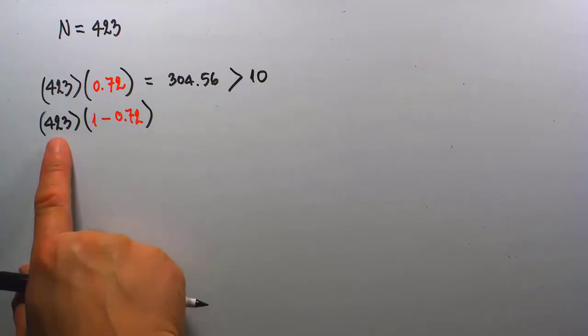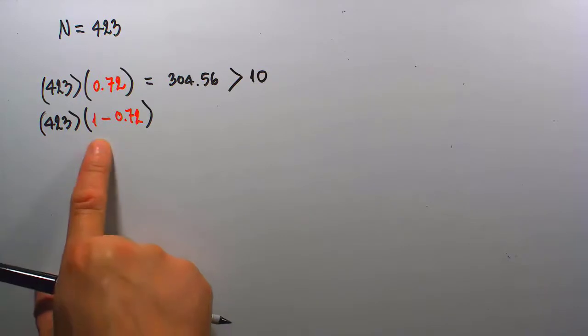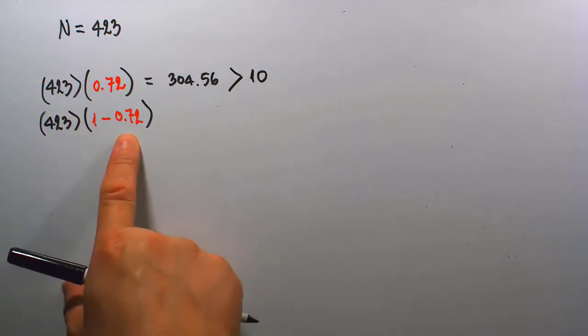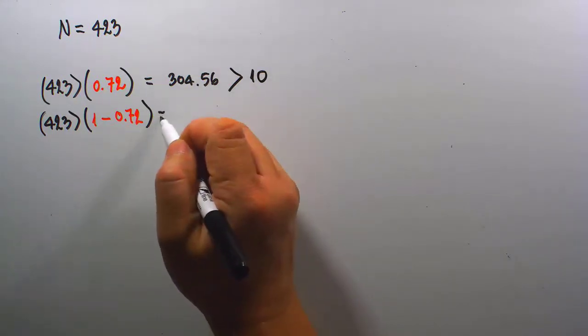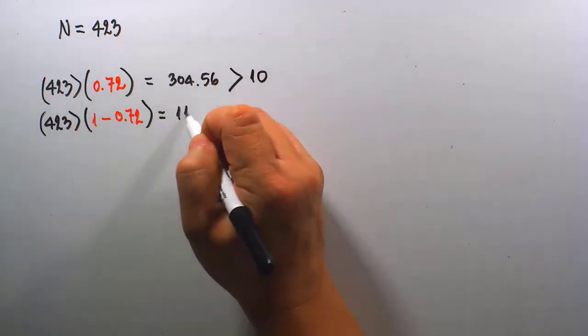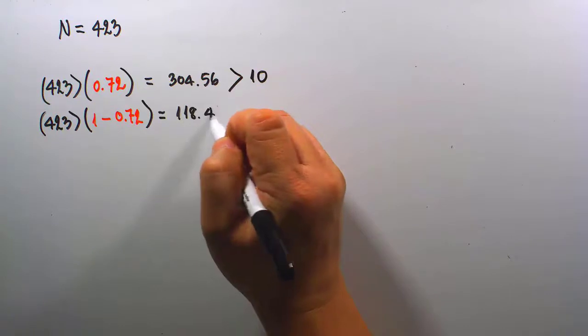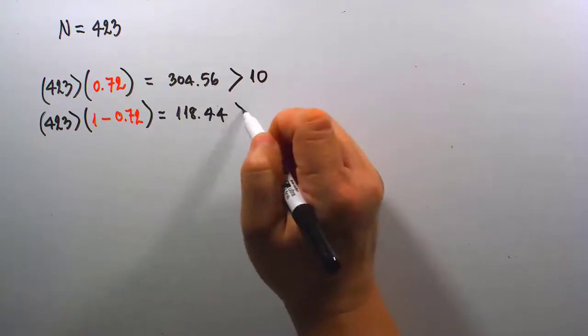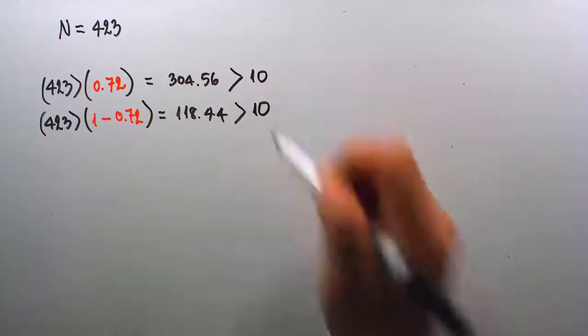And so with this sample size we're currently using, multiplied with 1 minus 0.72, the calculation showed 118.44, which is again a value well above 10.